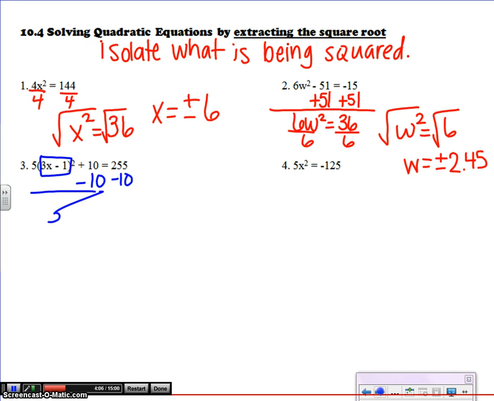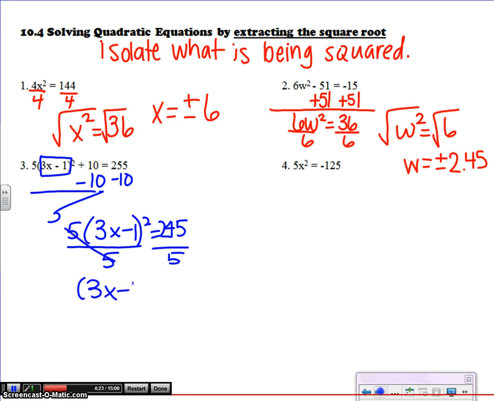We're left with 5 times the quantity 3x minus 1 squared is equal to 245. Now we need to get the 5 to the other side. We divide both sides by 5. And we're left with the quantity 3x minus 1 squared is equal to 49.